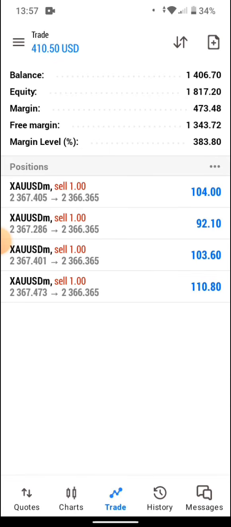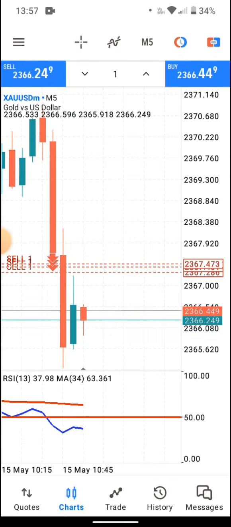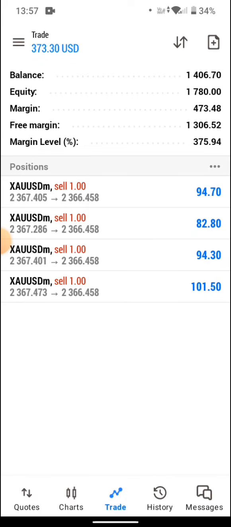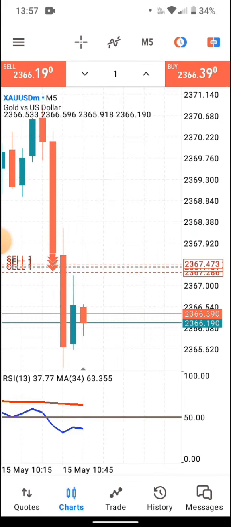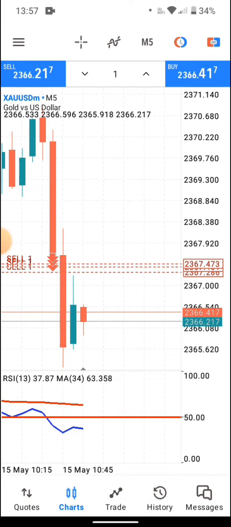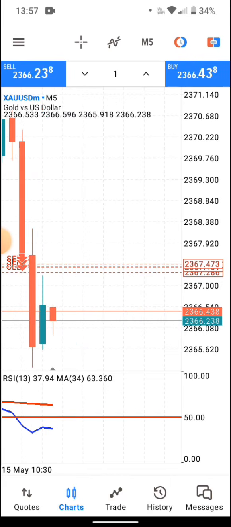So this is about 1800. Now if I want to secure this profit, I can just take partial, 0.50 each, and go to break even. But let's just still see.